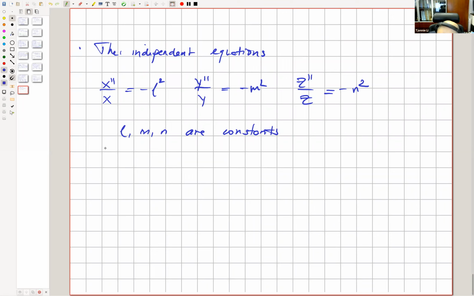And so the crux of this story is that we have turned a PDE, a partial differential equation, into several ordinary differential equations.